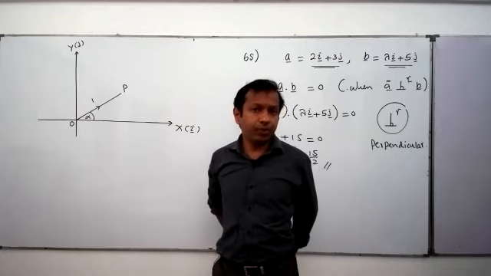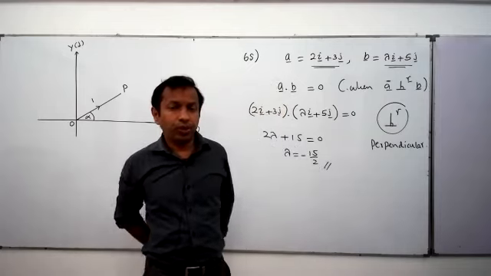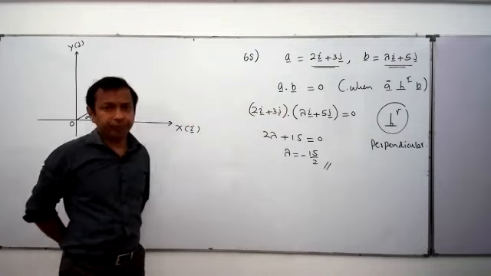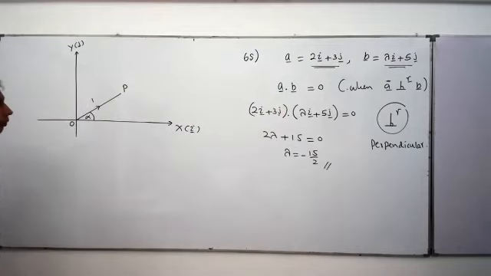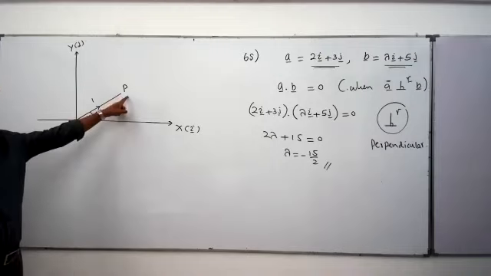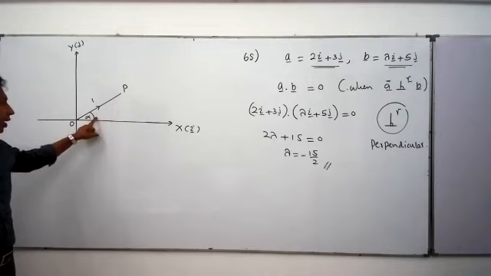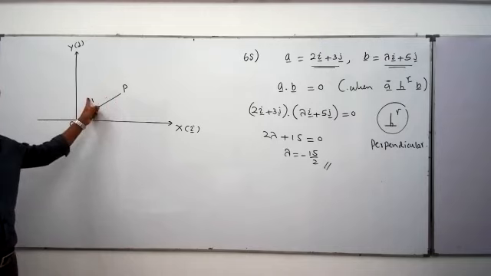Now my question is, how to find this OP vector? Right, I repeat that again. We have a vector OP that makes an angle alpha with the x-axis. And this OP length is 1.